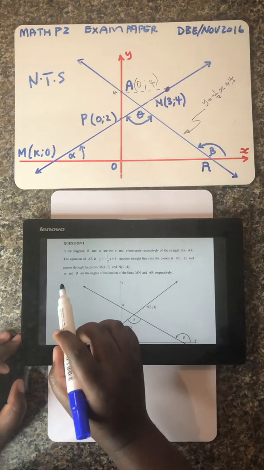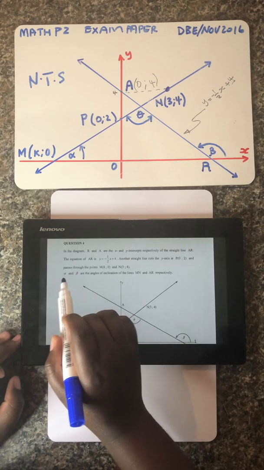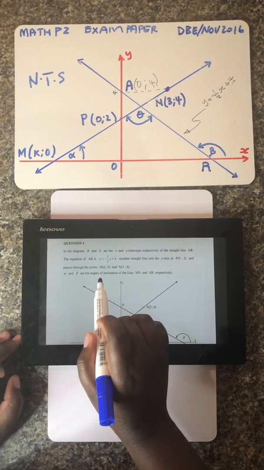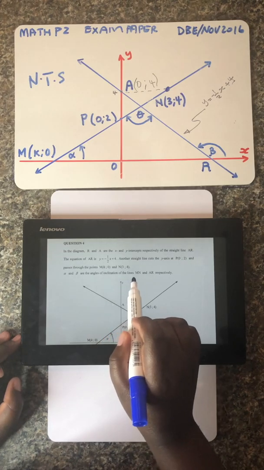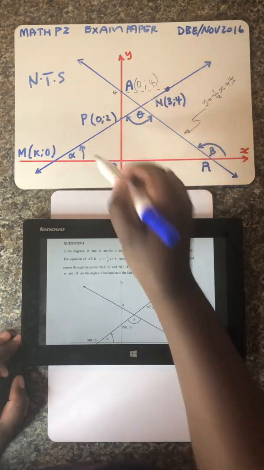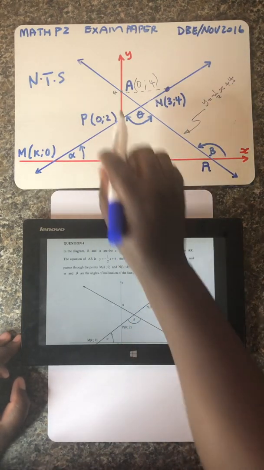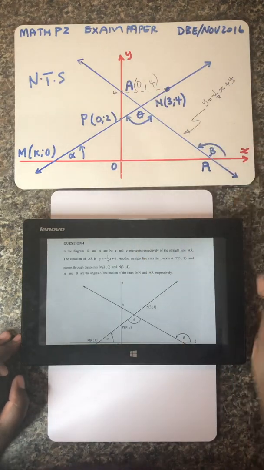It continues. It says alpha and beta, remember these are the angles. Alpha and beta are the angles of inclination of the lines MN, this is MN and this is the angle, and AR respectively. This is AR and this is angle beta.